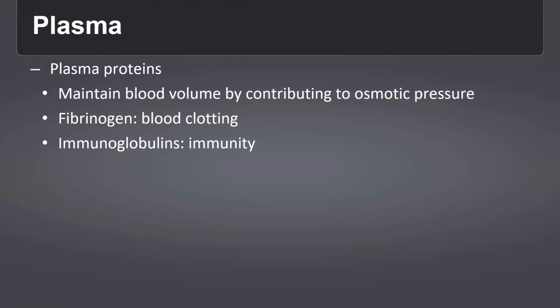Anyway, because of the prefix immuno, it relates to the immune system or immunity, keeping you healthy. There are also plasma proteins called albumins, which help with transporting things through your bloodstream, and many, many others.